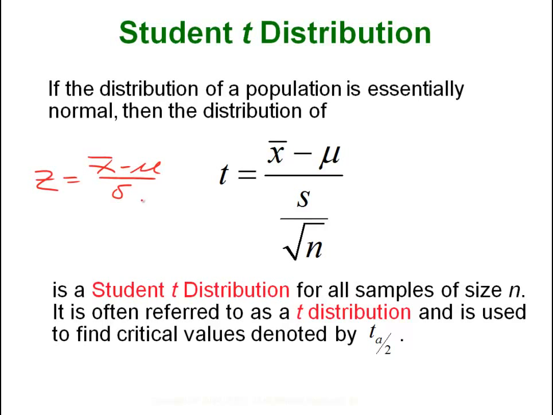And then we had the one where we were looking at multiple, right, when instead of just picking one thing, it was the z-score for a group of items, and then it was x bar minus mu all over sigma over the square root of n. Well, look at the difference. The only change is s instead of sigma, right? So when we don't know the standard deviation of the population, we have to use a t instead of the z. The z is only good when we know the standard deviation of the population, which is actually very rare. So it's far more likely that you'll be using a t-test or a t-distribution than z's.